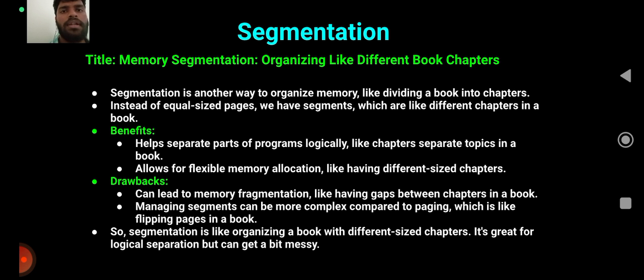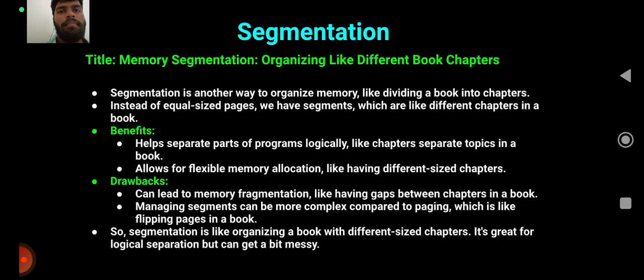In paging we divided the memory into equal-sized parts, but here in segmentation we are not. We can assume segmentation as dividing the book into chapters and paging as dividing the book into pages.